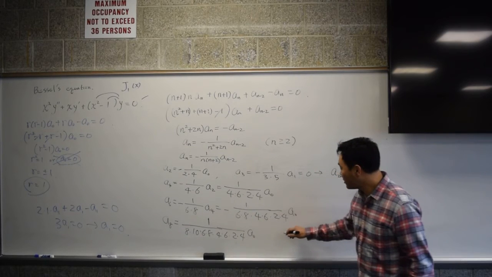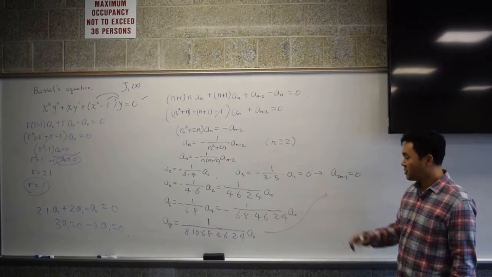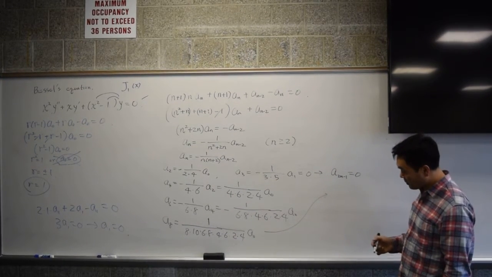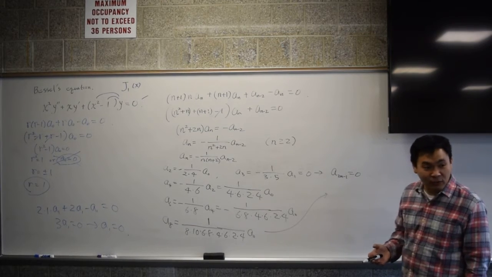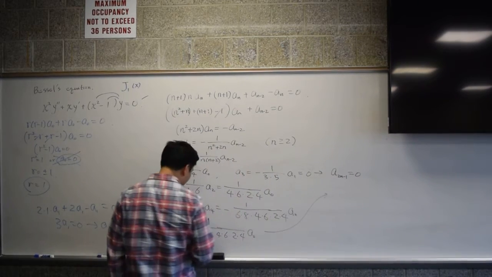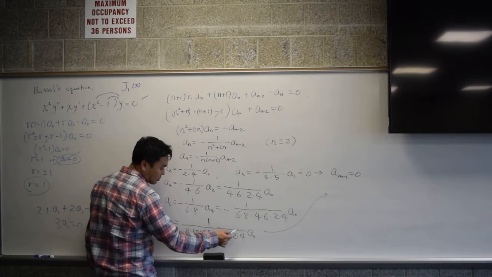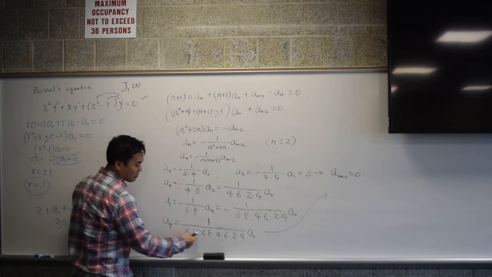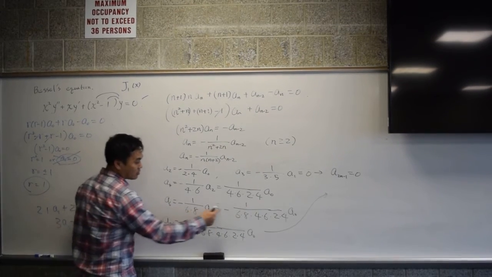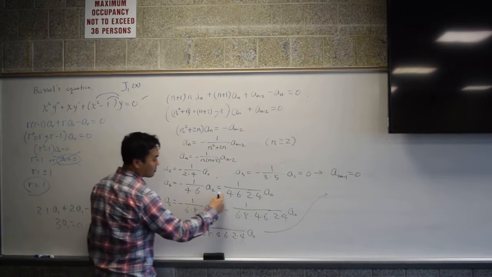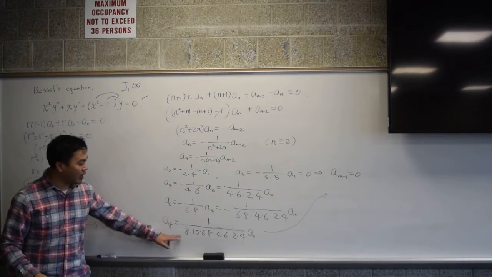All right, now let me try to write this again. It's better if you write it as 2 to some power. How many even numbers do you have? 1, 2, 3, 4, 5, 6, 7, 8. So if you have 8, you have 8. If you have 6, you have 6. If you have 4, you have 4. So there are 8 even numbers.